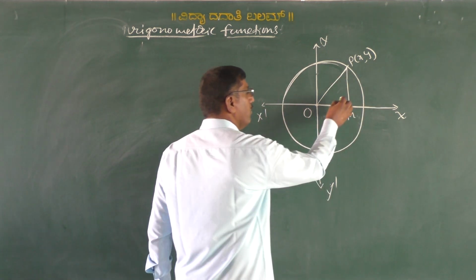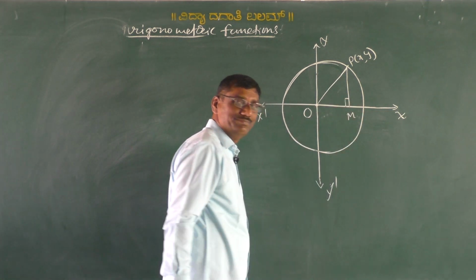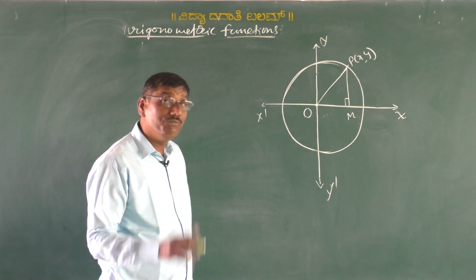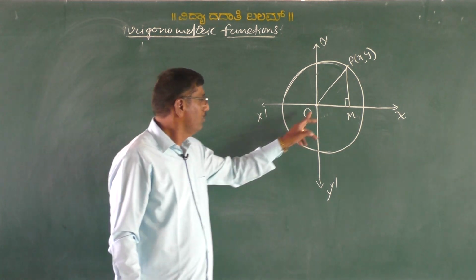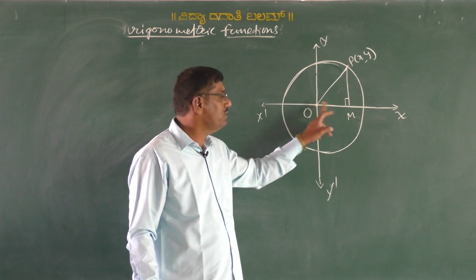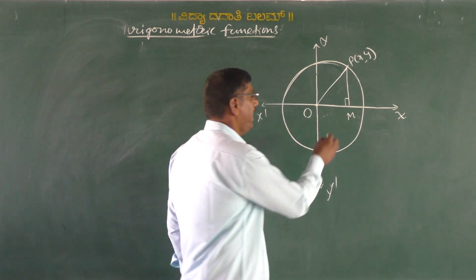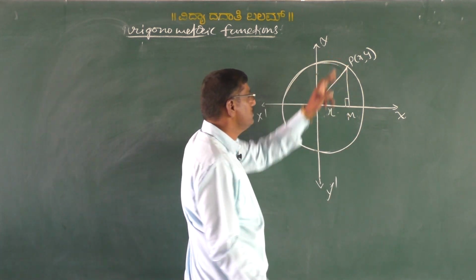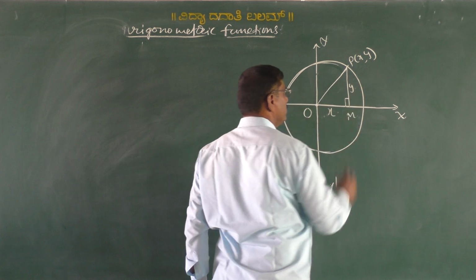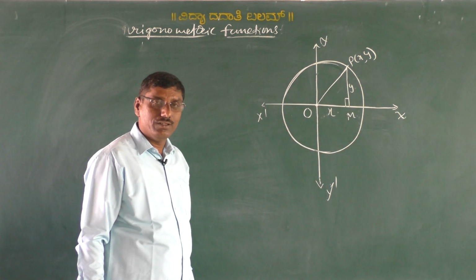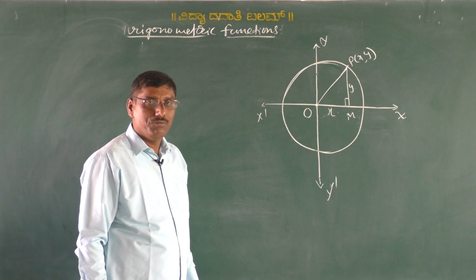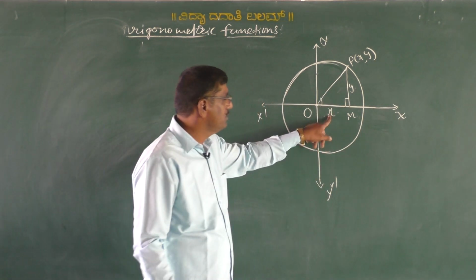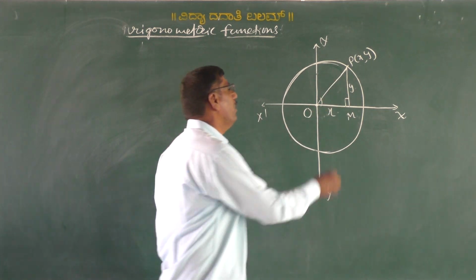Now this is a right angle. We know O is the origin. Now the distance OM is x, then distance PM is y. Here we are going to take an angle, since this is x, this is y, theta, no doubt.